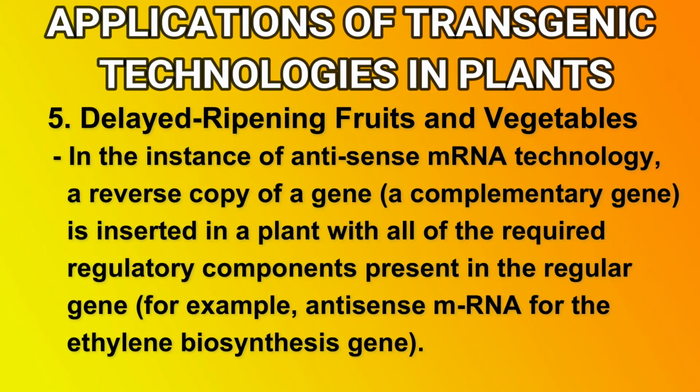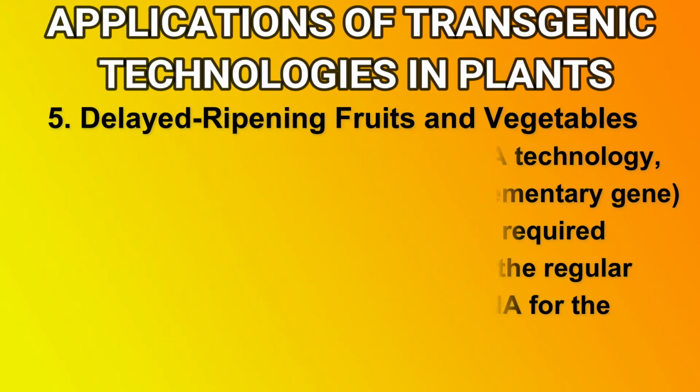In the instance of antisense messenger RNA technology, a reverse copy of a gene, a complementary gene, is inserted in a plant with all of the required regulatory components present in the regular gene, for example, antisense messenger RNA for the ethylene biosynthesis gene.